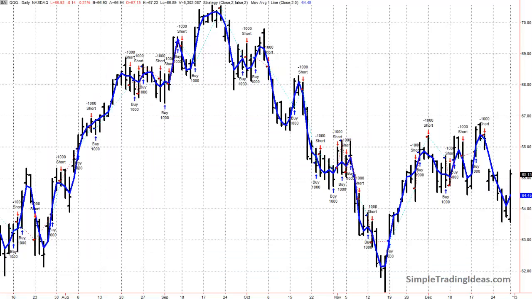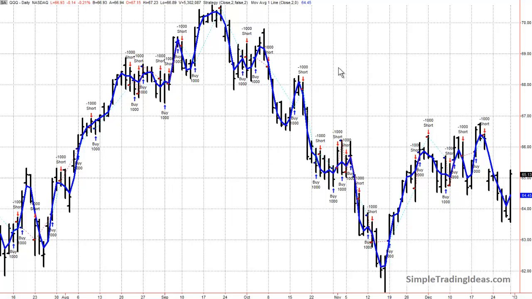Okay, here we are in our chart, and what we're looking at is the same 2-period moving average, the blue line that follows the prices very closely, that we had done our experimental optimization on and found to be the parameter that yielded the greatest net profit.